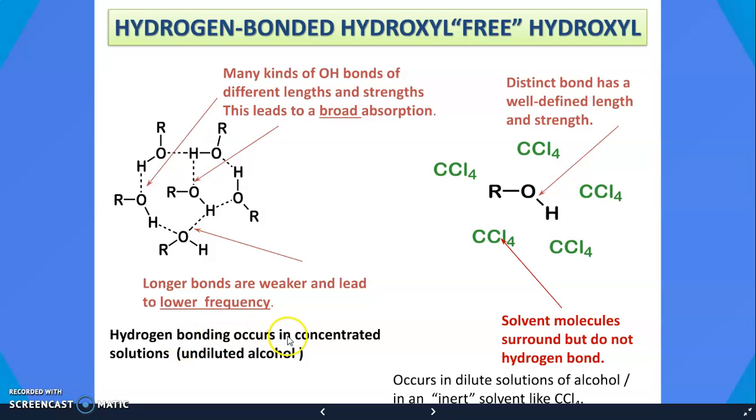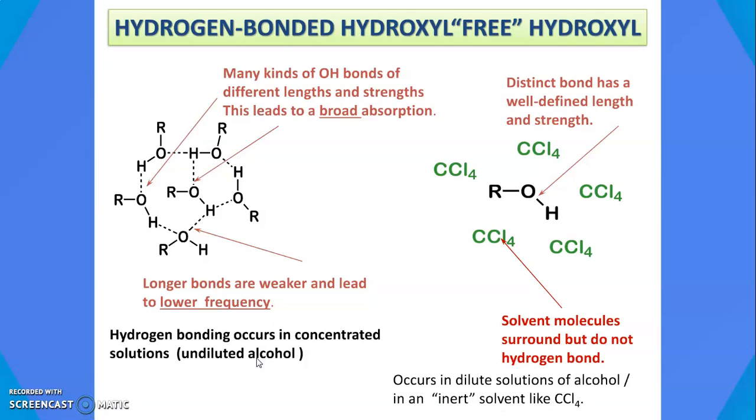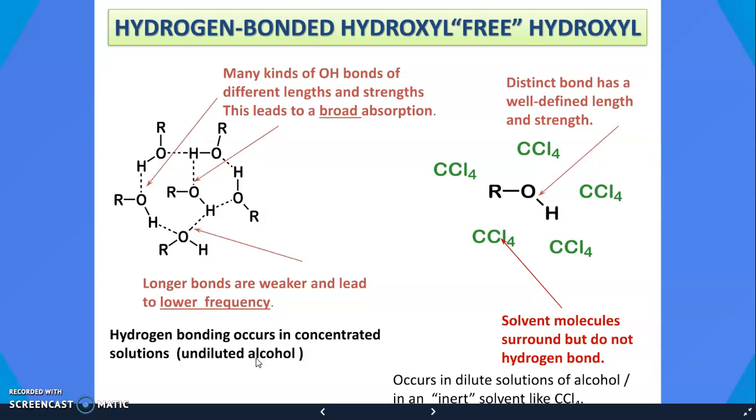So hydrogen bonding occurs in concentrated, that is undiluted, solution, with the peak near about 3300 cm⁻¹, while in dilute solution it may be at a longer wavelength as compared to the concentrated solution.